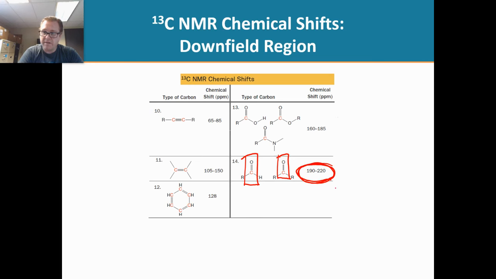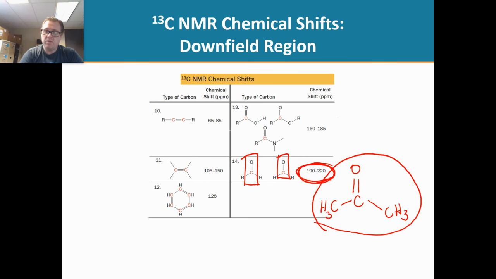So if we draw ourselves an ester here. No, not an ester, a ketone. Like that. That functional group is called a ketone. The whole molecule is a ketone.